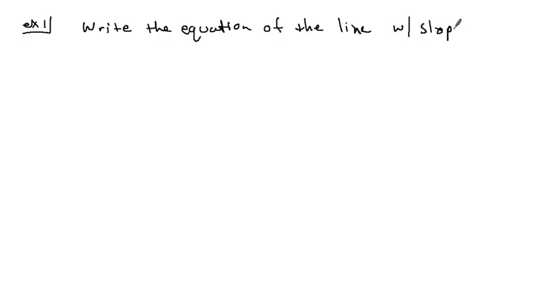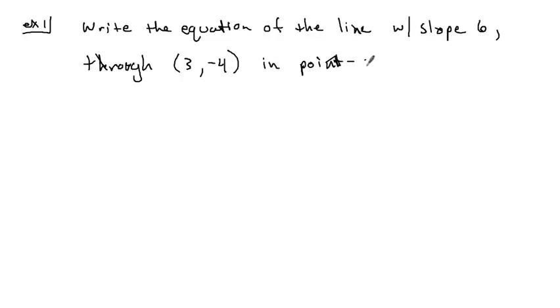Write the equation of the line with slope 6 through (3, -4) in point slope form.